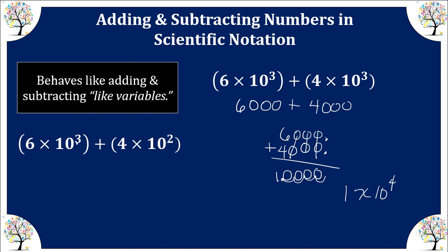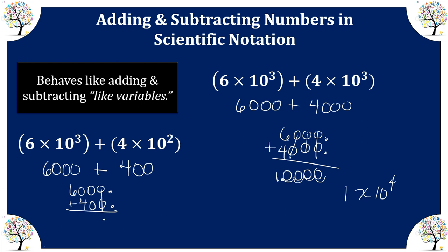We know 6 times 10 to the 3 is 6,000. Plus, this time we have 4, and we're going to move the decimal 2 times to the right. So we have 400. So we have 6,000 plus 400. And again, I must line up our decimals.